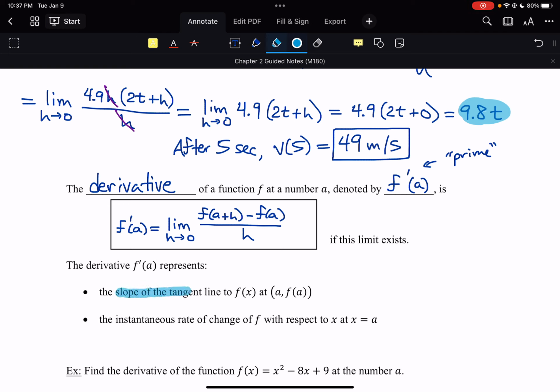This is the slope of the tangent line to a curve at a specific point, or alternatively, the instantaneous rate of change of the function at a specific point. So no longer are we looking at slope of the secant or an average rate of change. We're looking at slope of the tangent or an instantaneous rate of change.